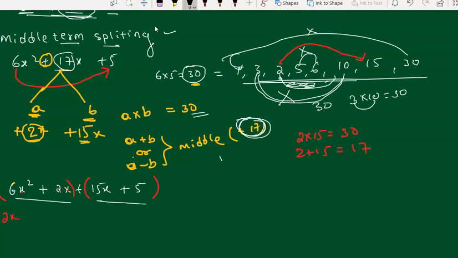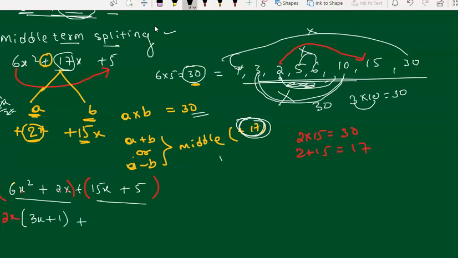If I take 2x common, I have to divide all these terms: 6x square divided by 2x, and 2x divided by 2x. 2x cancels, so I get 1. Here x cancels out, 1x left, and 2 times 3 is 6, so 3x is left here. So here I am left with 3x and here I am left with 1.